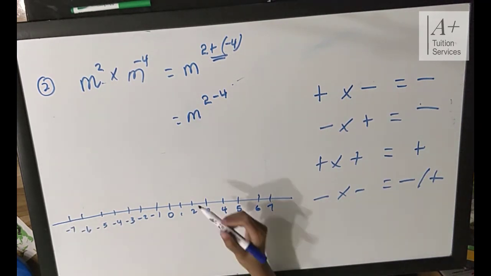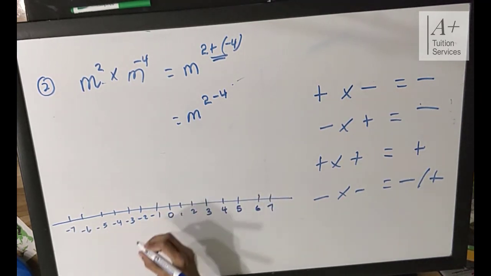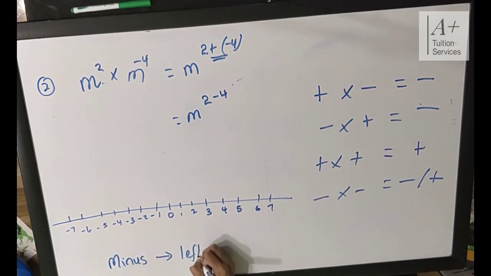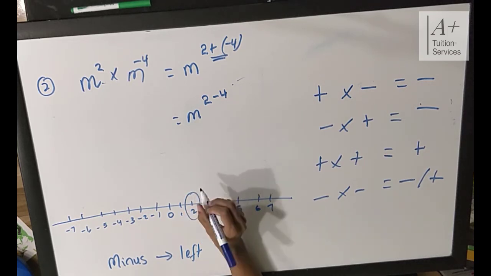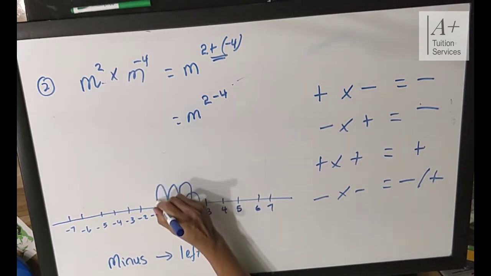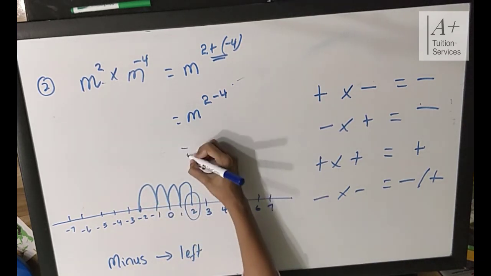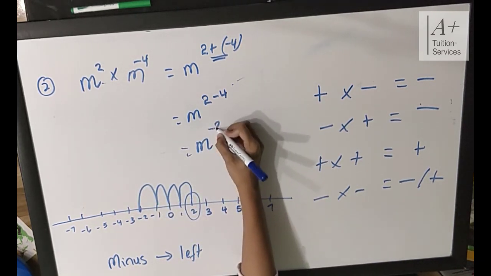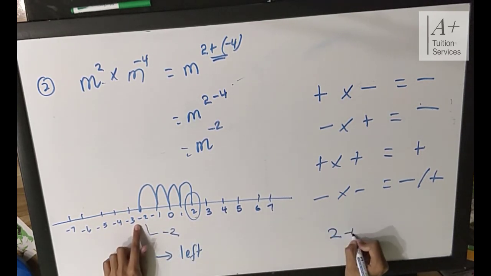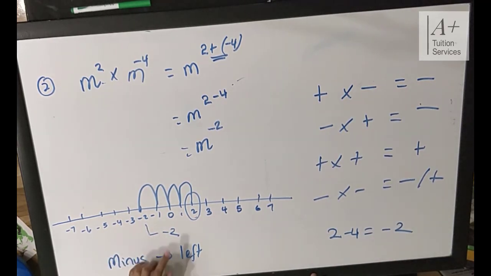So we have the number 2 here, and remember when we minus on the number line, we move left. So we find 2 and then we jump 4 spaces back: 1, 2, 3, 4. We end up with m to the power of negative 2. 2 minus 4 leaves me with negative 2. So this is my answer here.